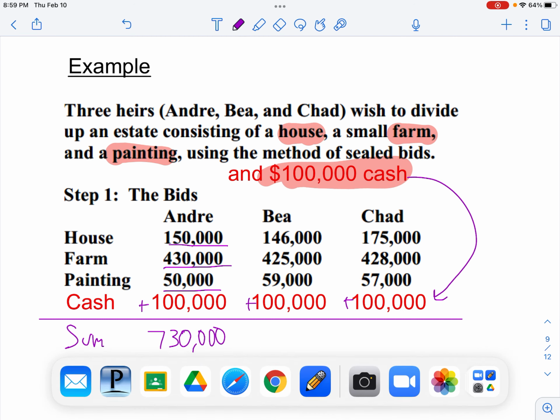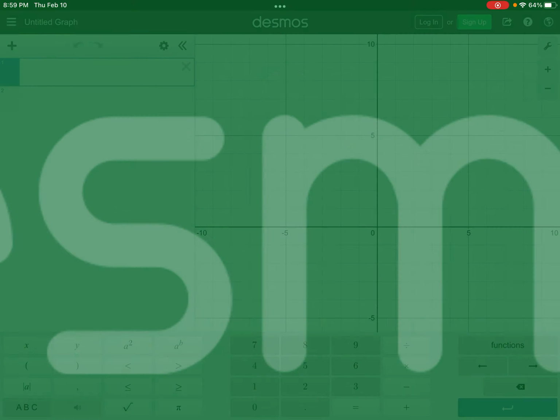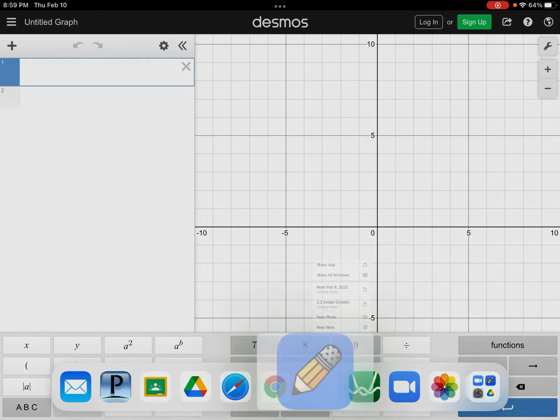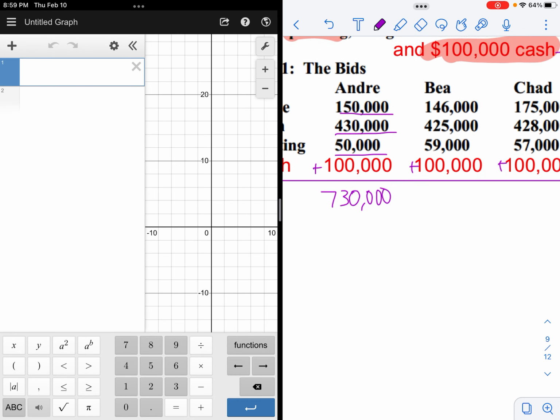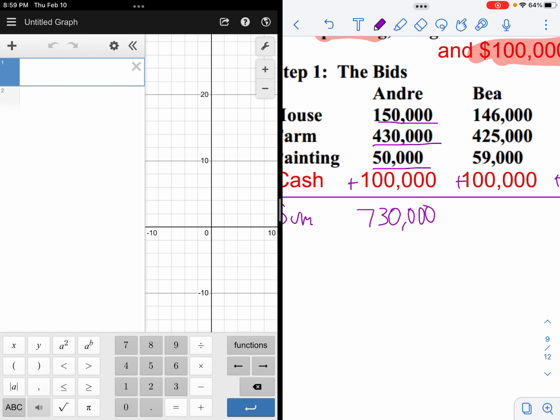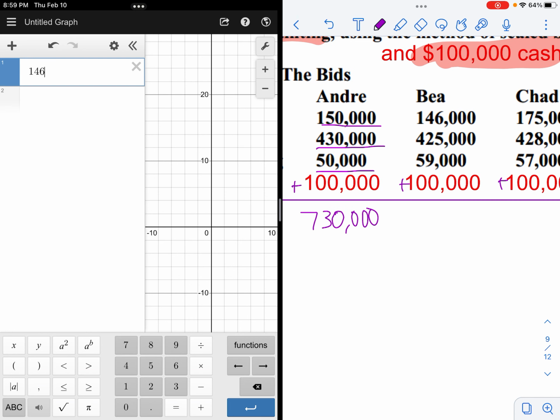Actually, I'll split screen with Desmos. So that's 730,000. For B, 146 plus 425 plus 59 plus 100. That's also 730,000.